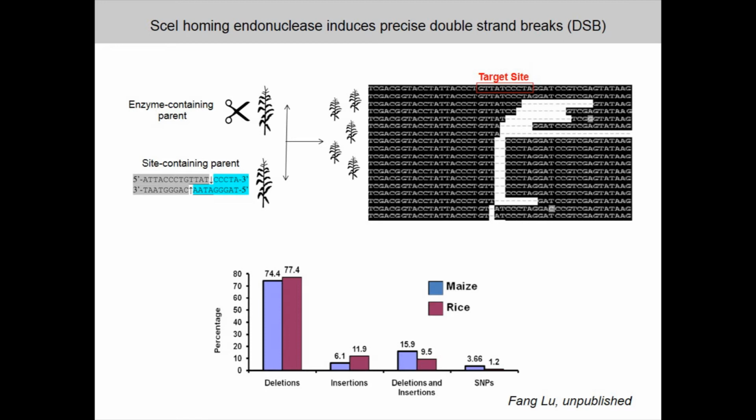So we cross these plants and examine the results of that cross with PCR across this cut site, to see what these events look like. It turns out that a large fraction of these are deletions, and about 20% are insertions coupled with deletions. So typically you're going to be looking at small events being deletions.